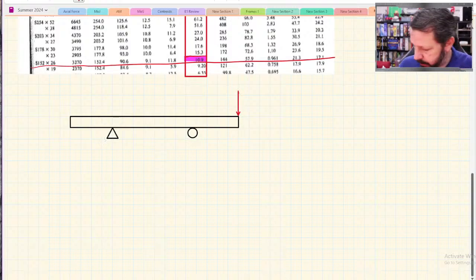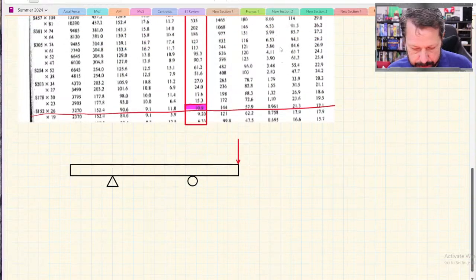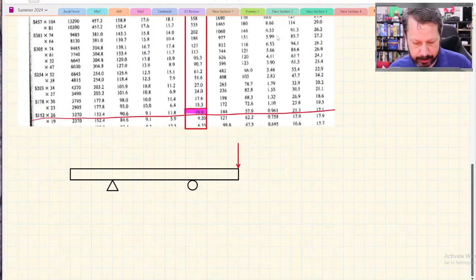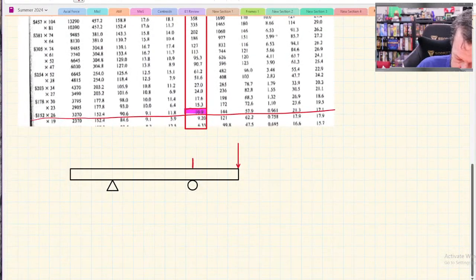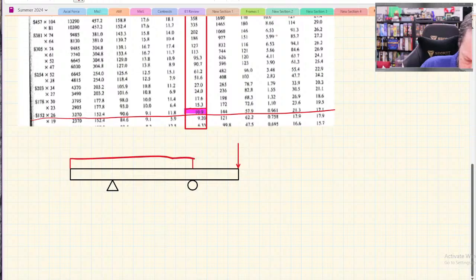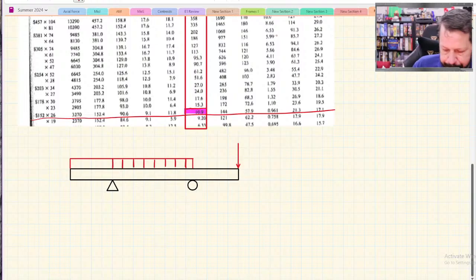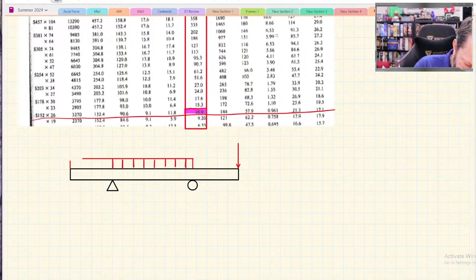So there's that. Let's see, how did this thing look? I think the distributed load goes from the end of the beam to the roller. So kind of from here all the way over to here. And then we'll just do this. Now I'm actually going to draw this part of the beam distributed load in a different color.